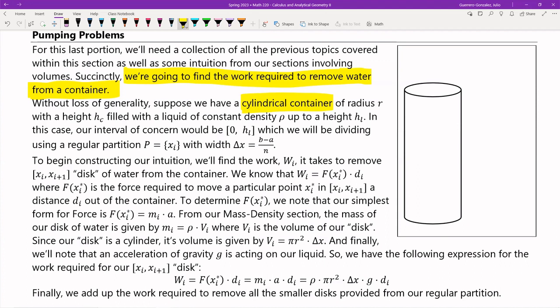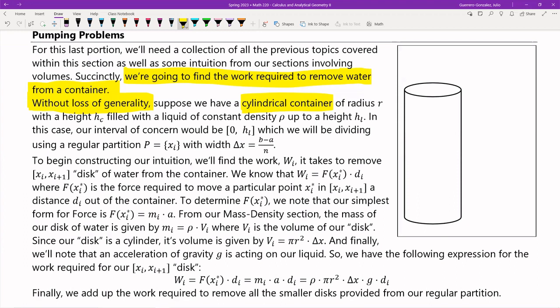I'm using the cylinder because the geometry and the explanation come a little more intuitively, and then we can apply that knowledge to another type of shape. That's why I use this phrase right here. I might use it a couple more times while we're in calculus: without loss of generality.